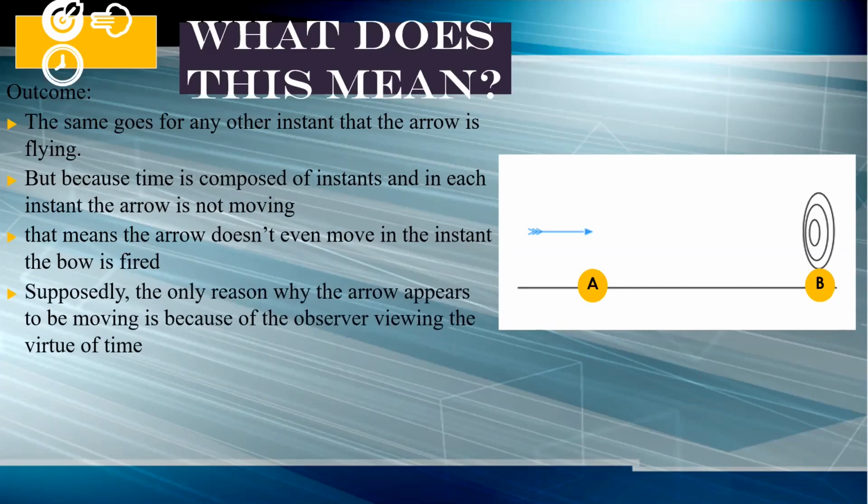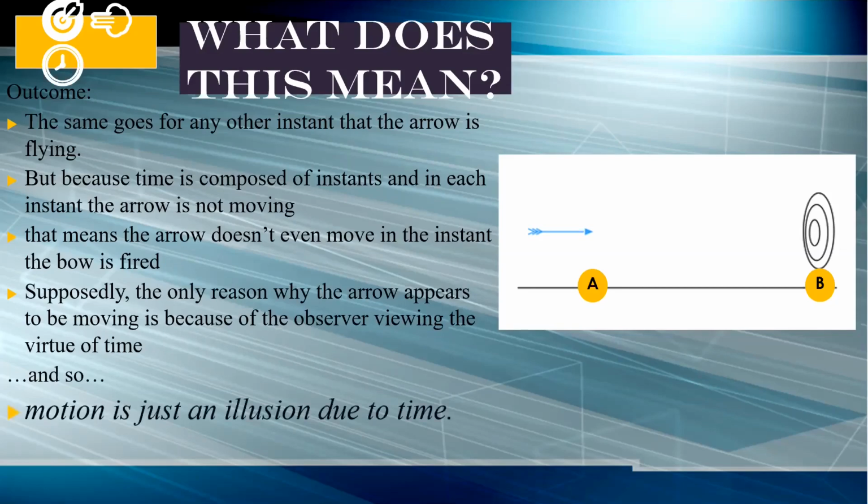Supposedly, the only reason why the arrow appears to be moving is because the observer is viewing something called the virtue of time. Or as Zeno describes, motion is just an illusion due to time. Zeno argues in this case that motion is possible because we know the arrow moves, but motion is an illusion. It's not real.